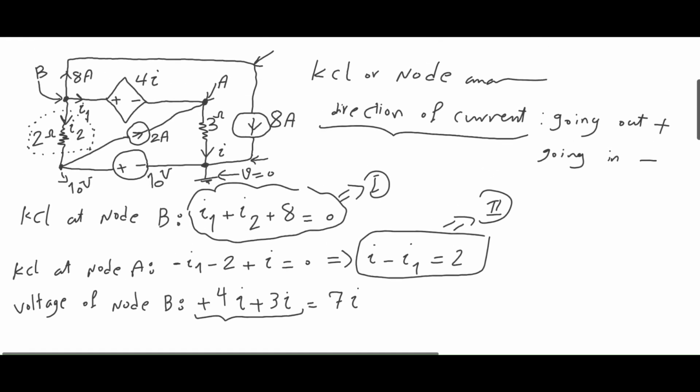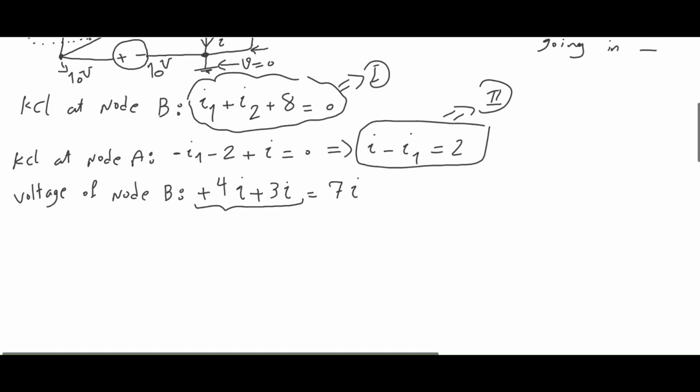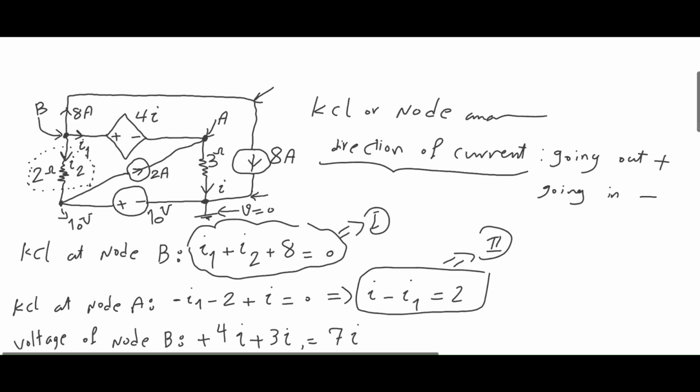I equals V over R. So from here, what I want is to figure out the current of this branch over here, which is I2.